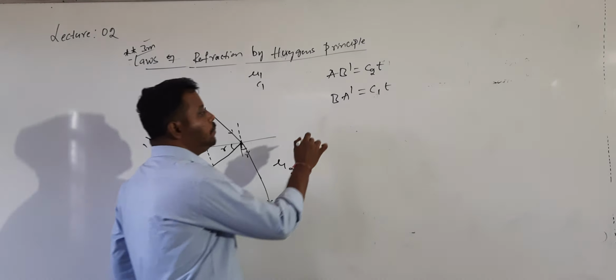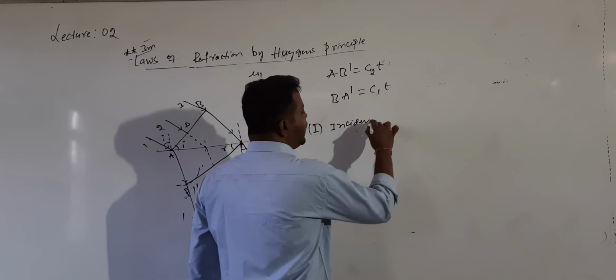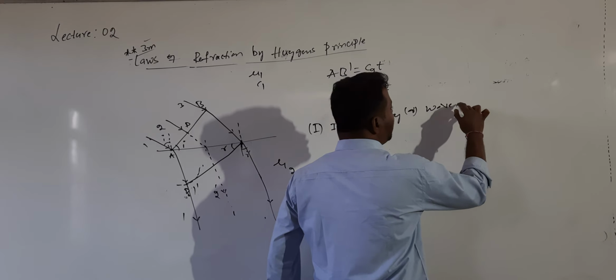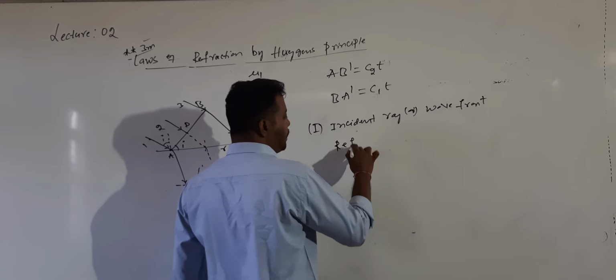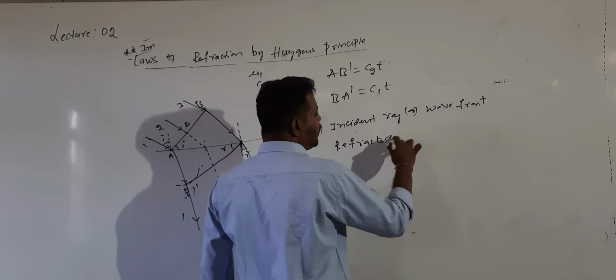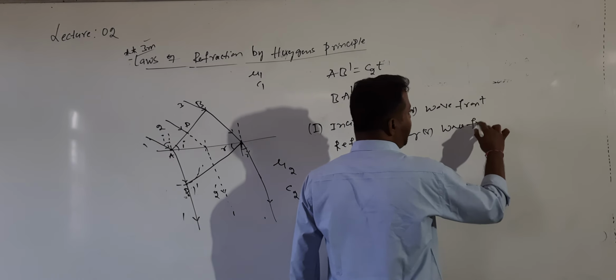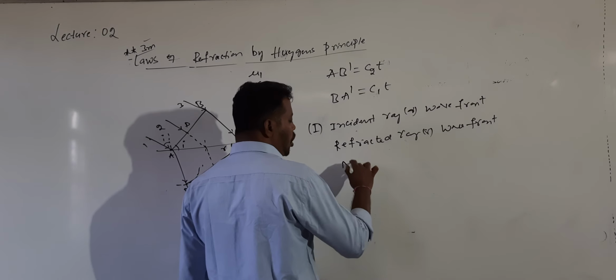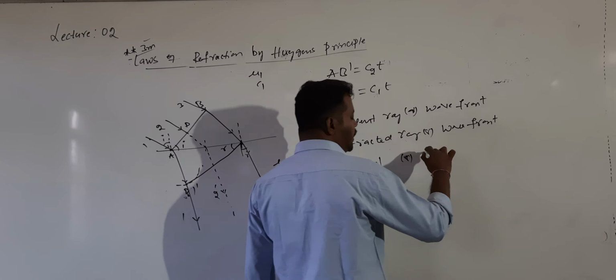Now what is the first law we can prove? The first law says that the incident ray or wavefront, the refracted ray or refracted wavefront, and the normal drawn to the interface all lie in the same plane.